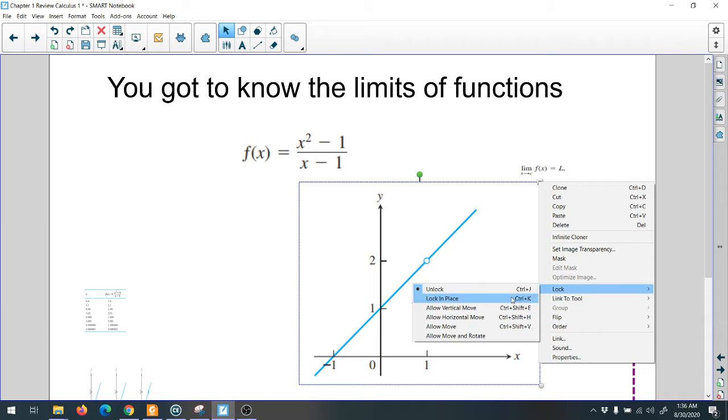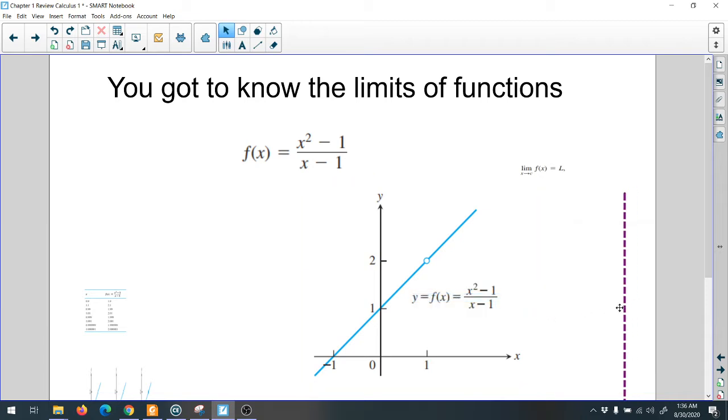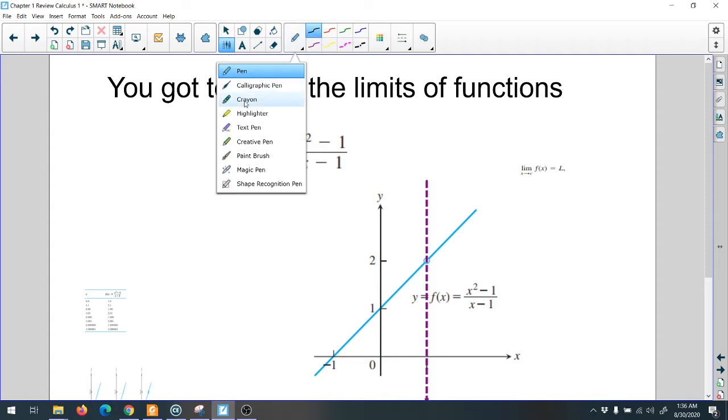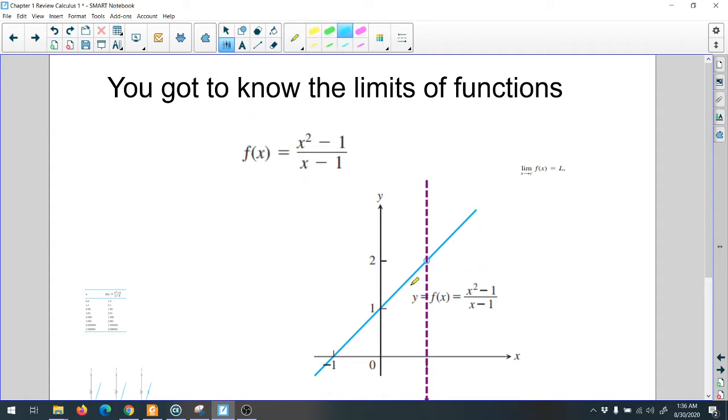We'll draw a vertical line going through this point to know our bounds, and assume that we have a point, and this point is moving along this curve, along this line. One of you might tell me it's not a curve, it's a line. In general, it's a curve, but it's a line.